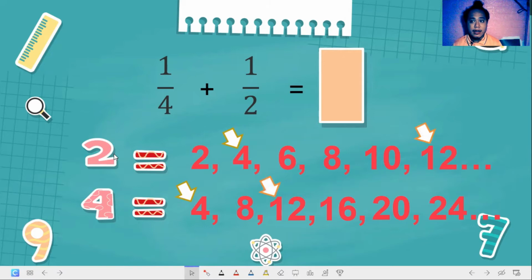Now, the one that we are going to find is the least common multiple. Which of the common multiples has a lower value? It is indeed 4. That's why our least common multiple is 4. Thus, our least common denominator for 1/4 and 1/2 is 4. So the LCD that we are going to use is 4.